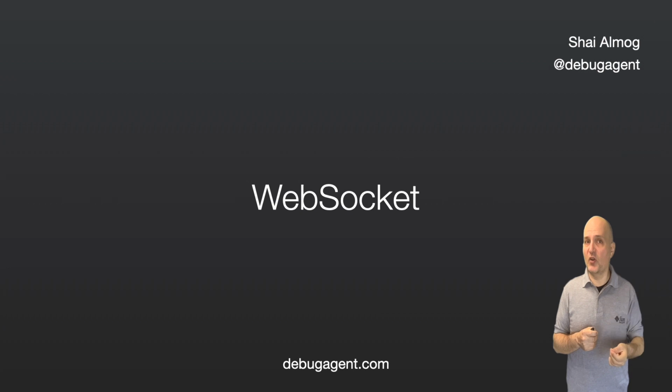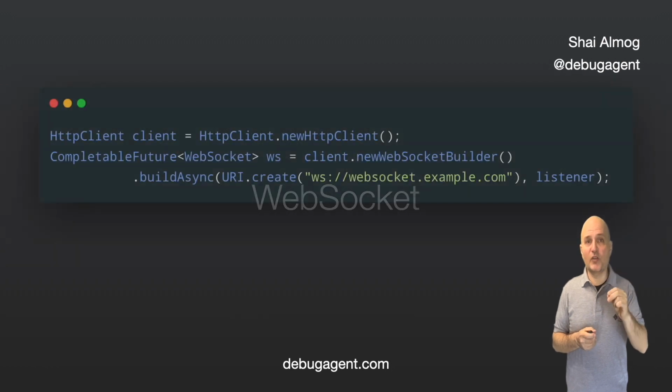WebSockets are TCP sockets created over the HTTP or HTTPS request. Once the request handshake is made, the socket from the connection is passed to the application and it can write or read arbitrary data as if it was a regular socket. This has many advantages, but that's a distraction.